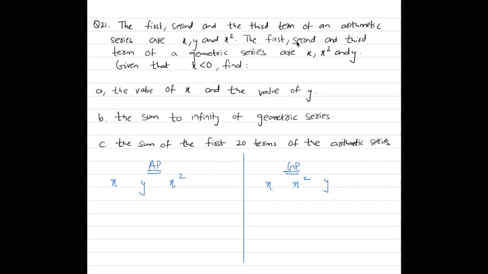Common difference. So if these are the first three terms, would you agree that the difference between the first two terms is going to be the same as the difference between the next two terms? Yes. So does that help you in forming the equation? The difference y minus x is going to be the same as x squared minus y.